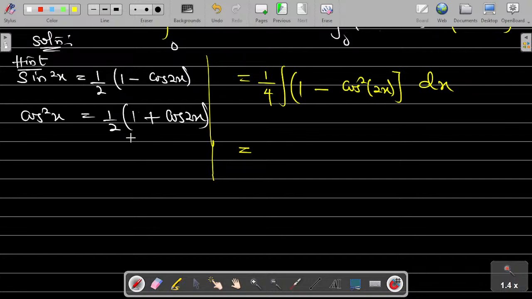To do that we are going to have 1 over 4 integral of, already we have 1, then minus, so this is going to be half again, then of course remember that half is multiplying 1 plus cos of 4x, because the 2 will now multiply the already existing 2x, so that would be 4x, and then plus 1.